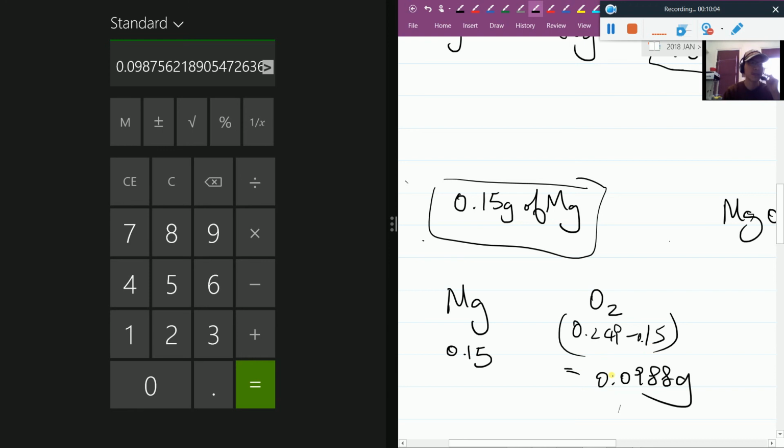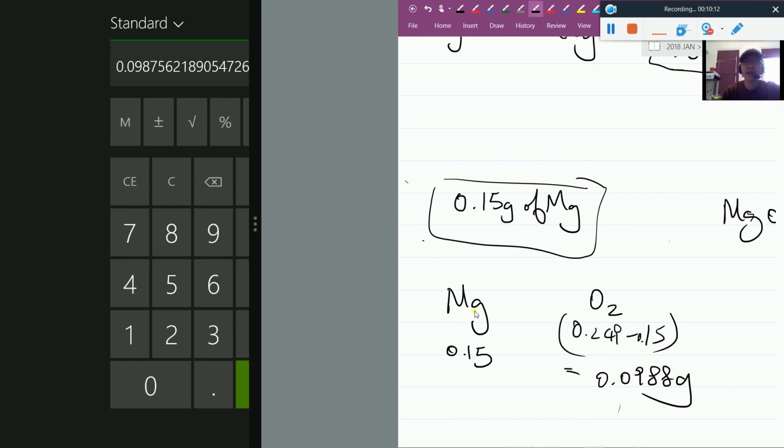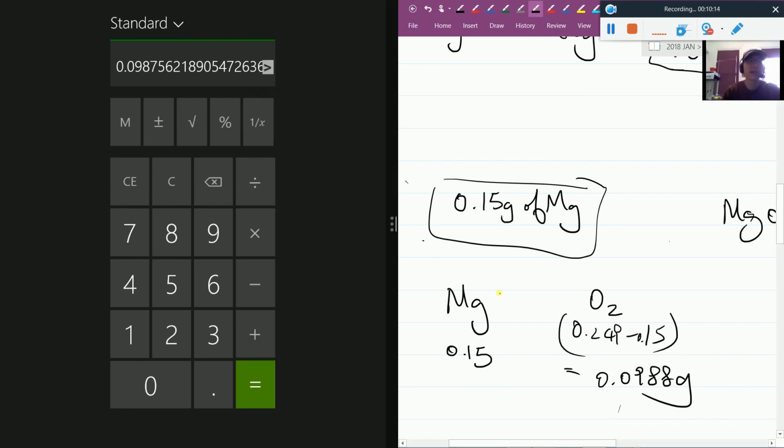Something that you need to do in your prac is to show me that you know how to do these calculations. Based on your result, you need to show me one thing now.